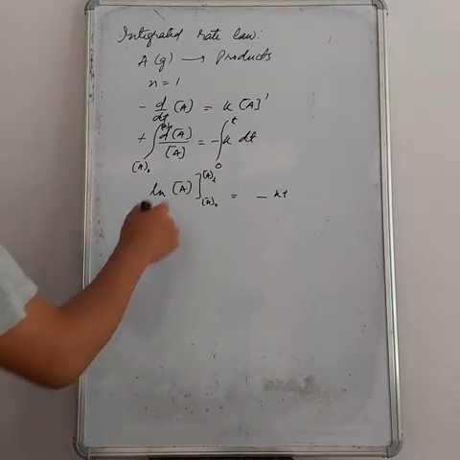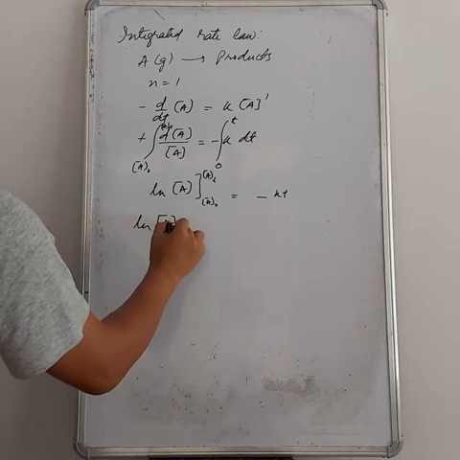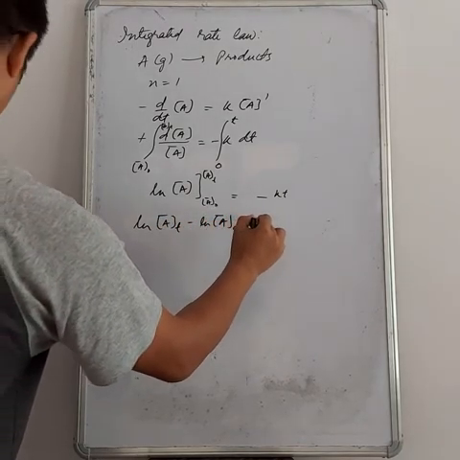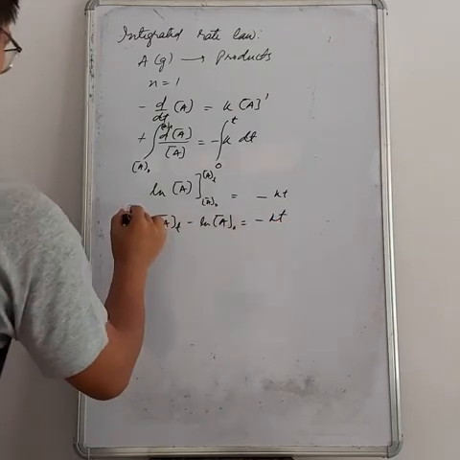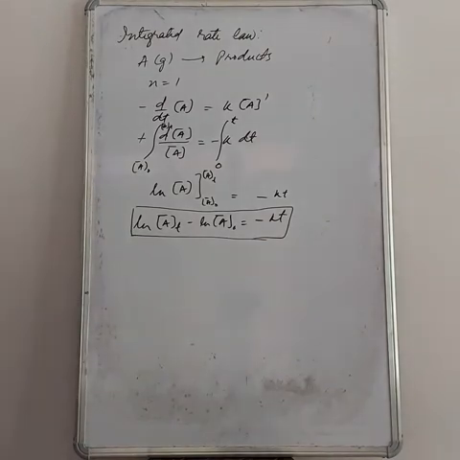So this will be natural log of At minus natural log of A naught is equal to negative kt. So this is the rate law expression for the first order.